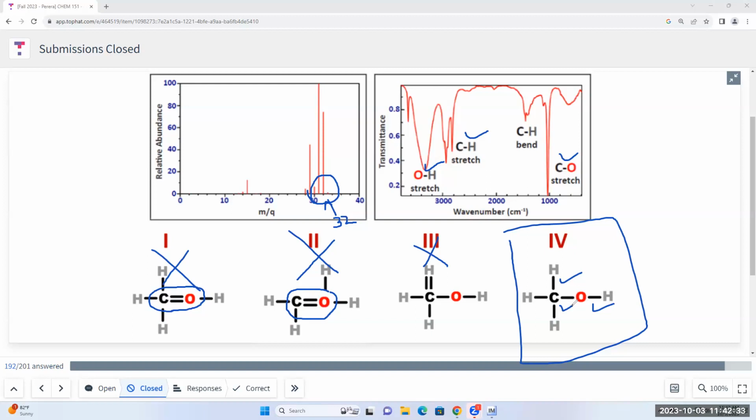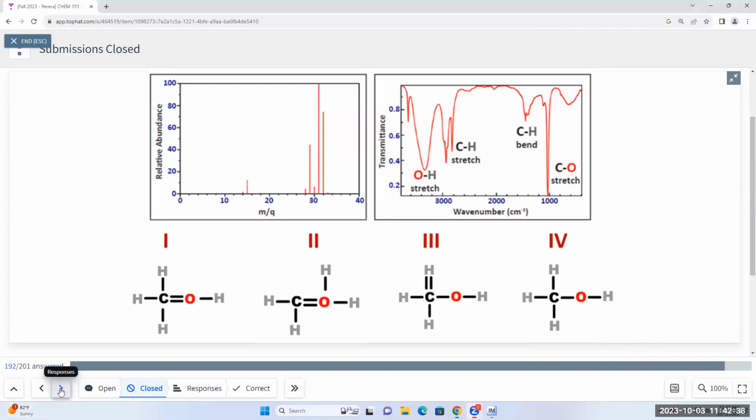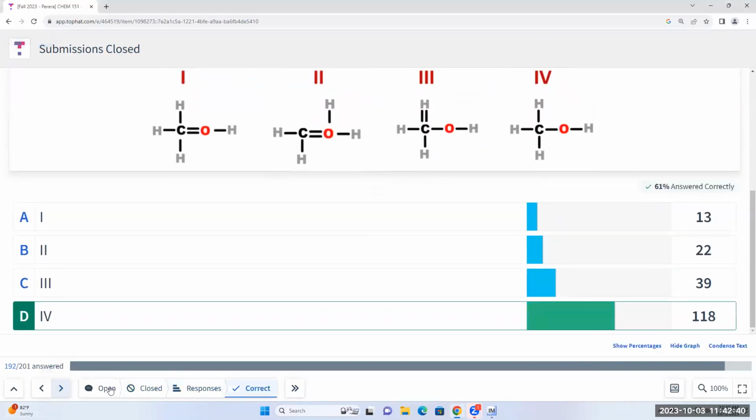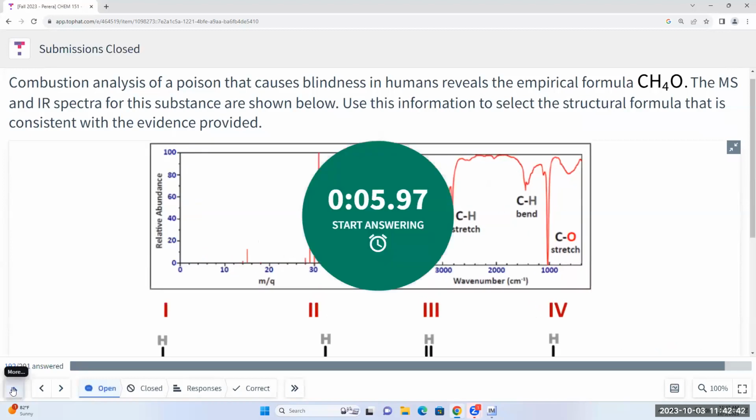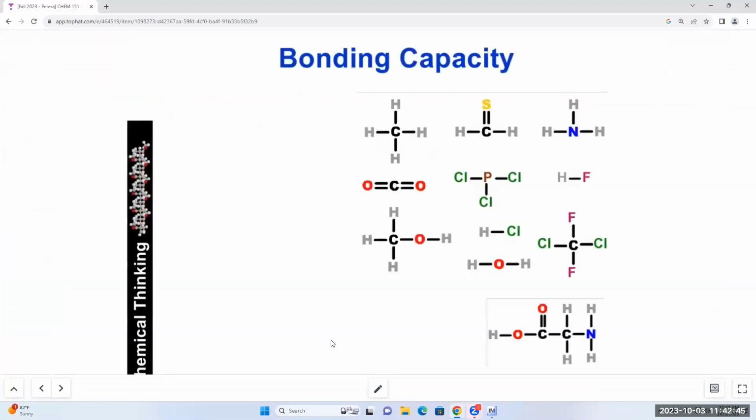After analyzing thousands of IR spectra, scientists have seen that these molecules over here represent the common bonding patterns, or common bonding capacities, of elements. And what exactly do I mean by common bonding pattern or common bonding capacity? That is how many bonds these elements usually form.